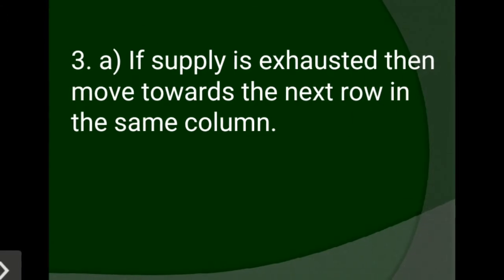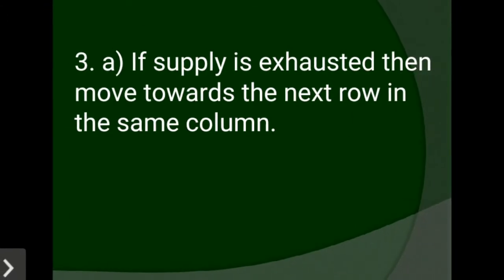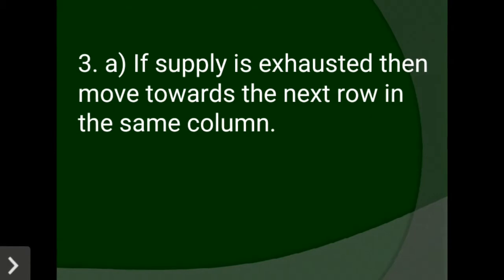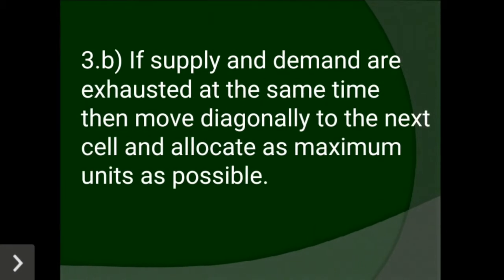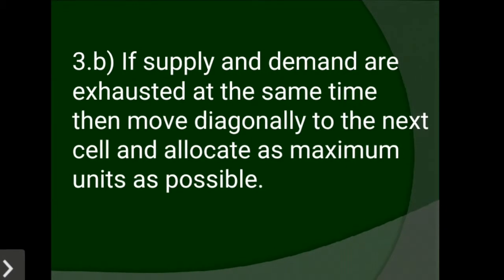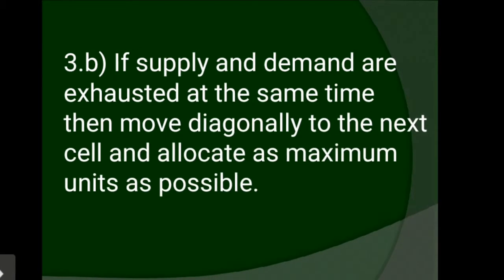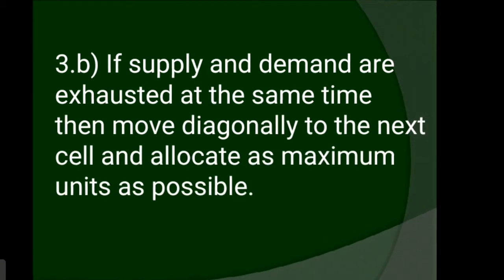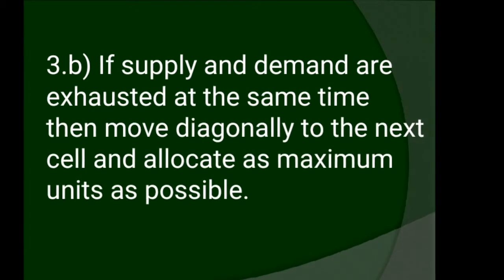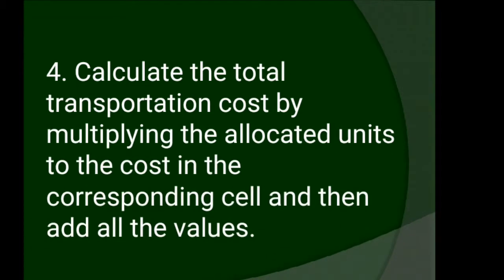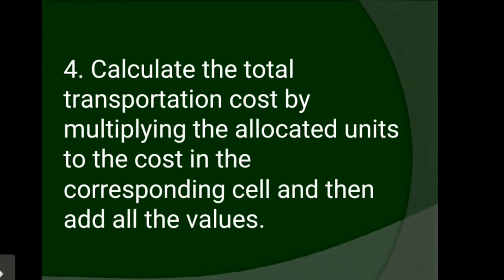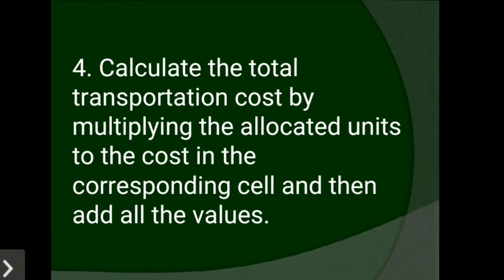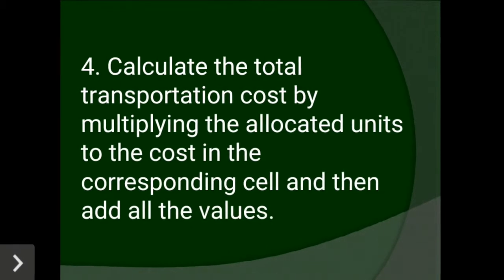If supply is exhausted, then move towards the next row in the same column. If supply and demand are exhausted at the same time, then move diagonally to the next cell and allocate as maximum units as possible. Calculate the total transportation cost by multiplying the allocated units to the cost in the corresponding cell and then add the values.